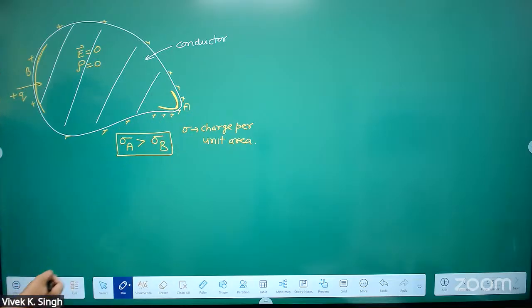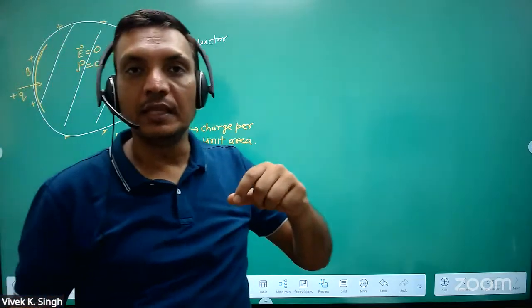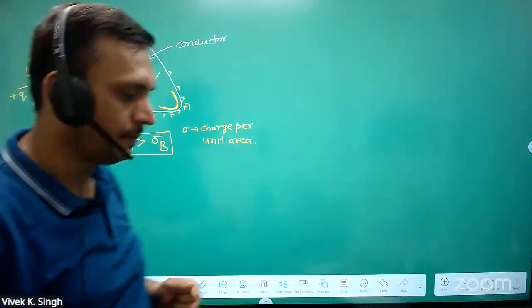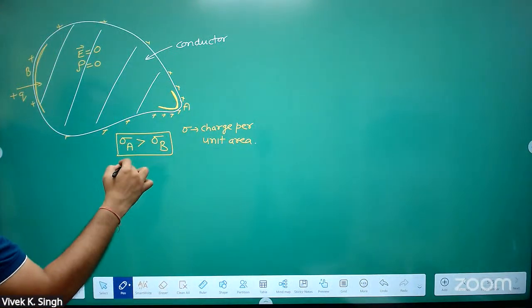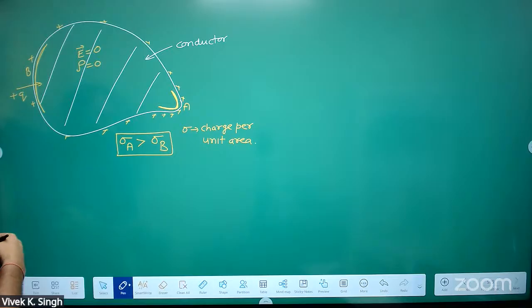So it depends on the curvature of the surface. Smaller the area, larger will be the charge density.